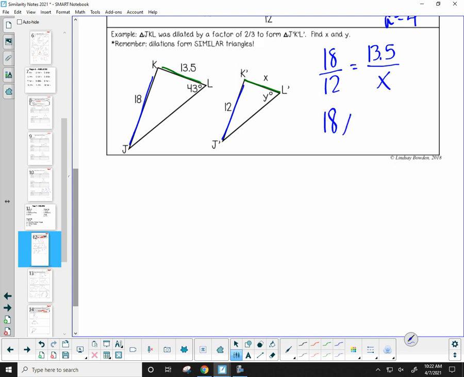And I can cross multiply. So 12 times 13.5 gives me 162. If I divide by 18, I get x equals 9. Questions on that?